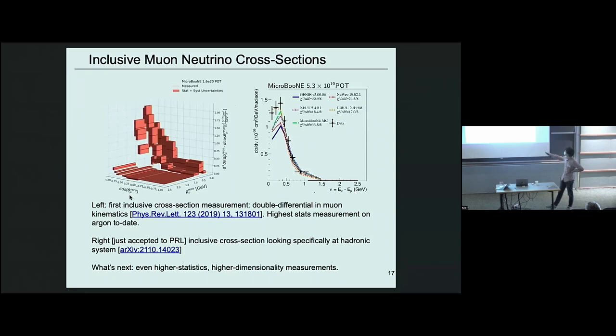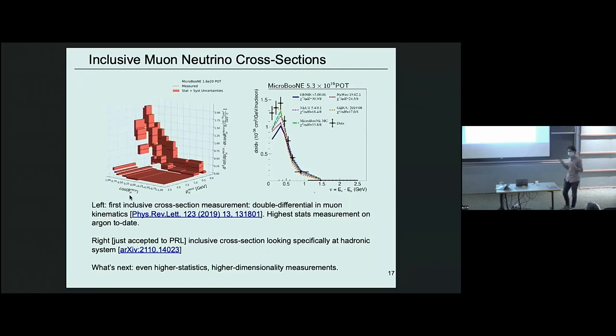This is still using 10 to 15% of our data set, and I think really got us started in the cross-section program. On the right is the most recent inclusive measurement for muon neutrinos, which was just accepted to PRL a few days ago. It's a one-dimensional measurement, but it pushes the envelope a little bit in terms of what we measure.